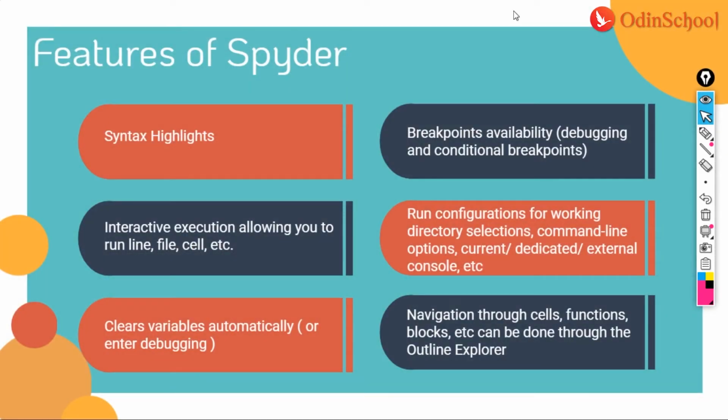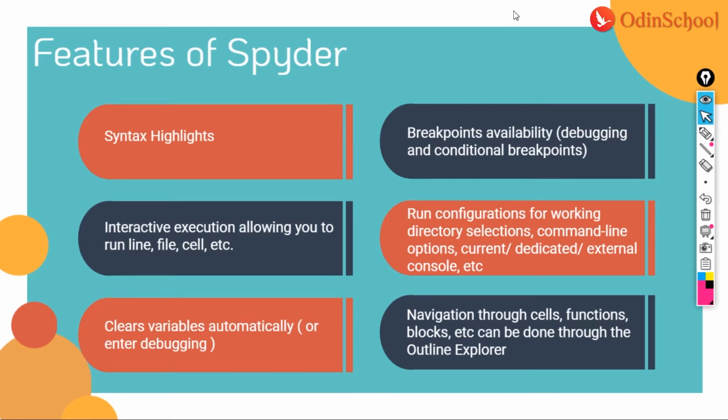Right, so there are some amazing features of Spider, and these amazing features are there are some syntax highlights that you can do. Now, what do we mean by a syntax highlight? It means that every time you are working on a syntax, even if it is right or even if it is wrong, there would be a variant of highlight that it would do or that it would come up with.